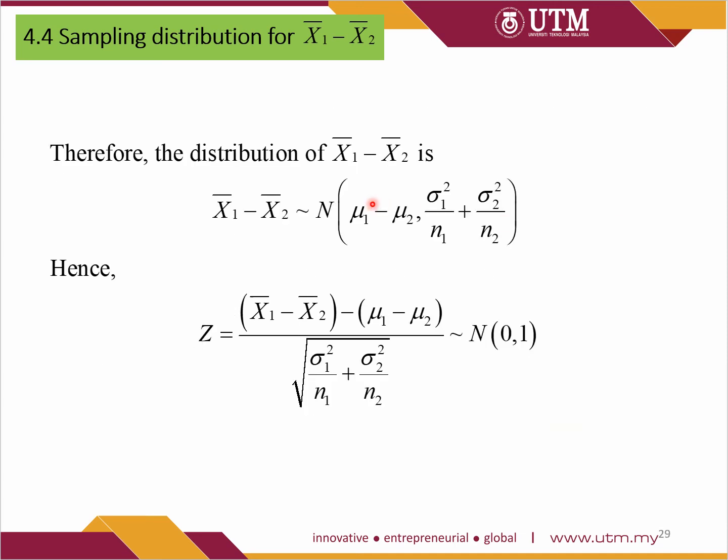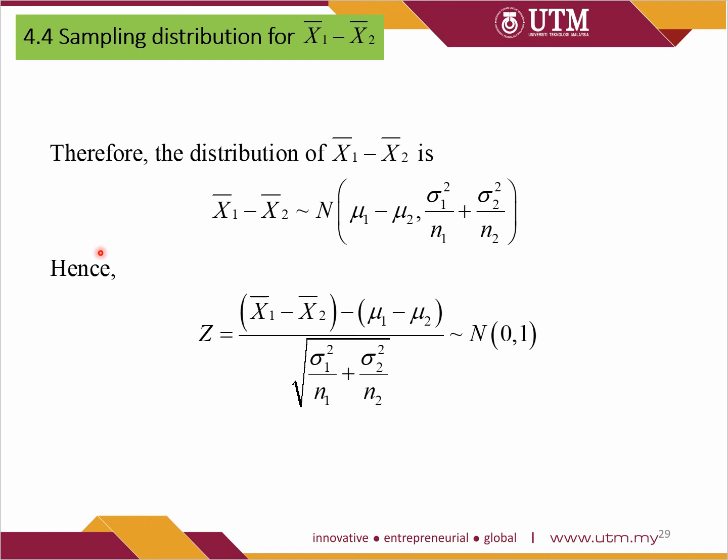So the distribution of the difference between two sample means follows normal, given the mean is mu1 minus mu2 and the variance is sigma1 squared over n1 plus sigma2 squared over n2.